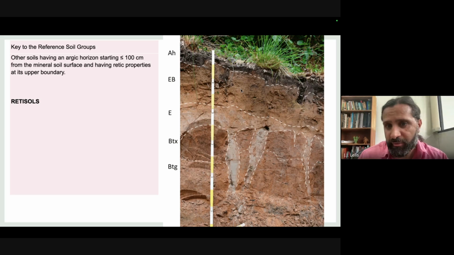Think like the roots that in the past could grow here and here. After this tree died, the roots start to decompose, and then the space that was filled out by the roots starts to be filled out by the mineral material.